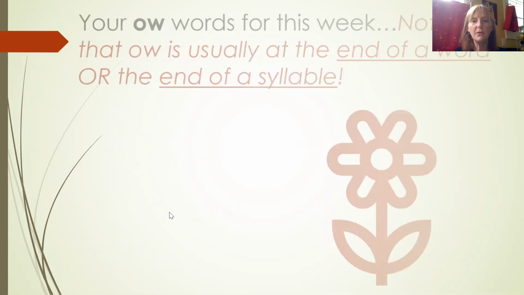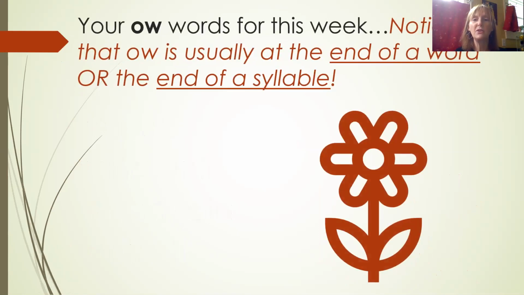Your OW words for the week, I want you to notice that the OW, ow sound, is usually at the end of a word, or, this is the key, at the end of a syllable. So cow, that's OW at the end of the word. Flower, now check this out.